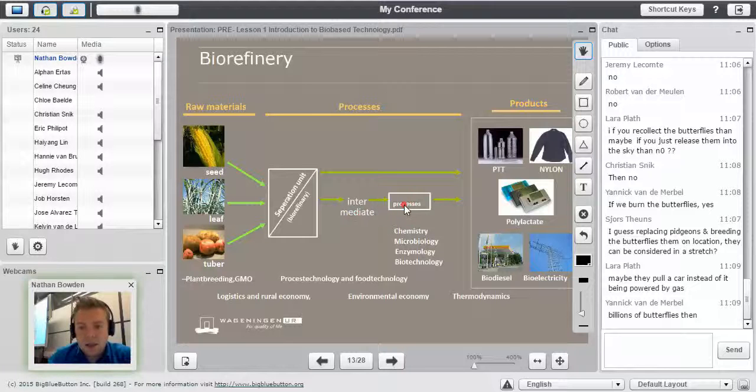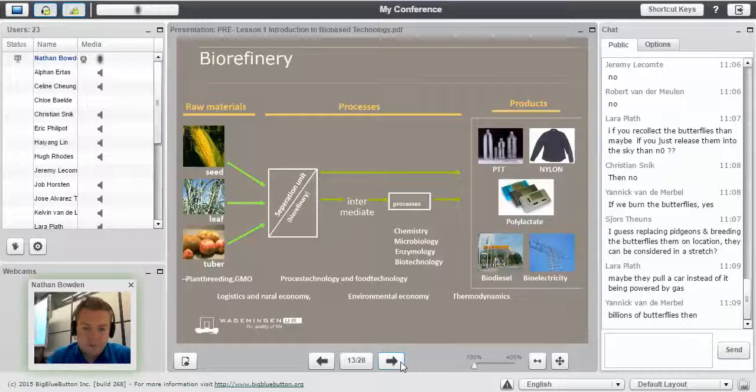You process it into these different products. And to do that, you use processing technologies, food technology, environmental economics, and thermodynamics. So you're going from raw materials, separating them to intermediates, processing the intermediates, and making products.